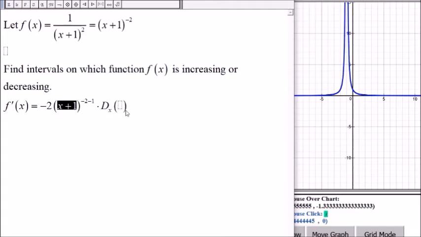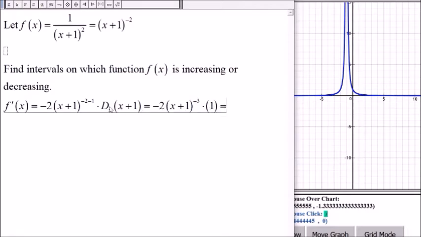So this becomes negative 2 times (x plus 1) to the negative 3, times the derivative of x plus 1. The derivative of x is 1, the derivative of 1 is 0, so we get 1 plus 0, which is 1.